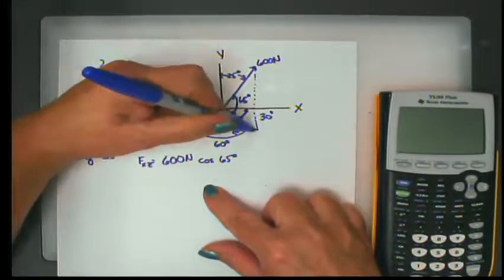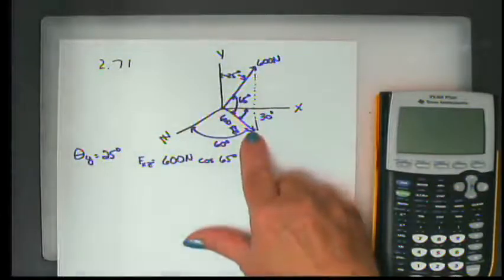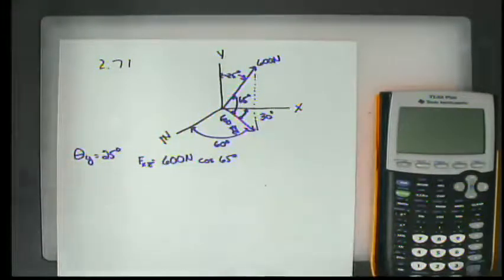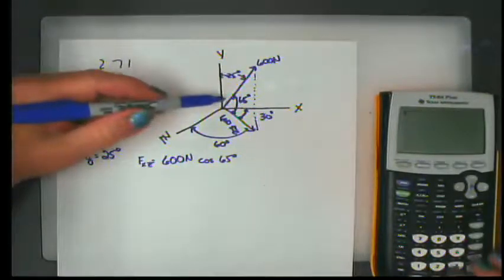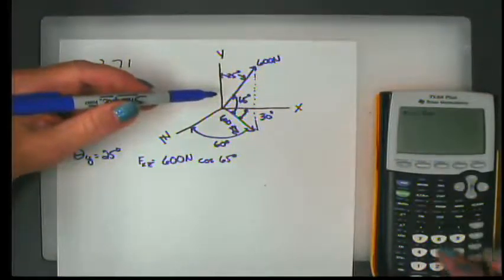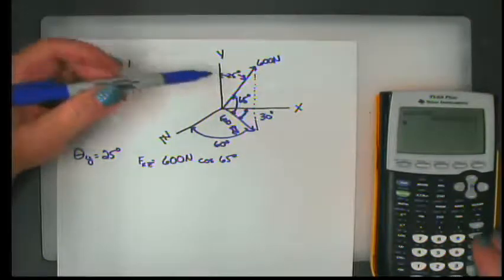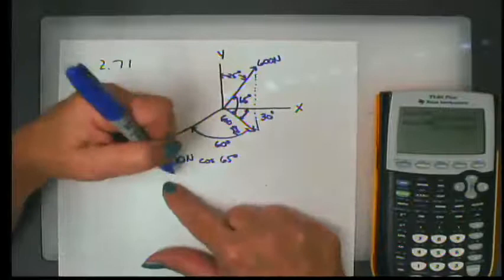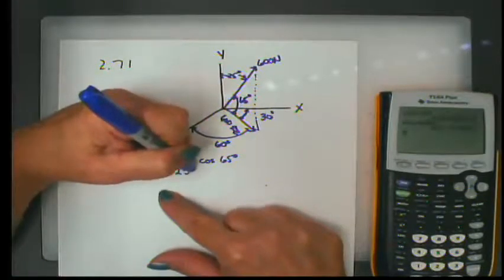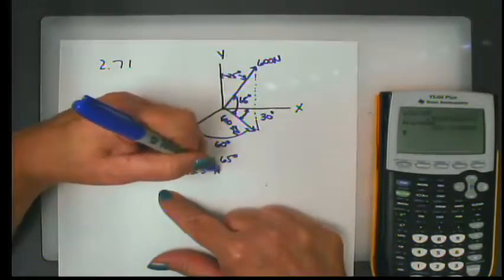That's going to get me this component of the force in the floor of my coordinate system. So if I take the cosine of 65 degrees and multiply that number by 600, I find that that projection is 253.57 newtons.